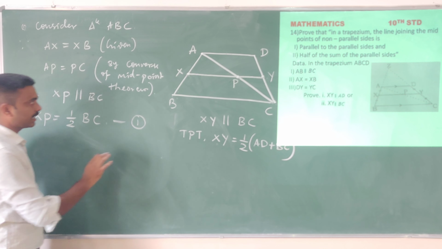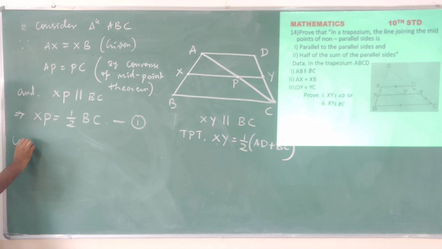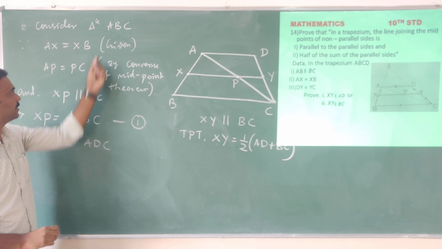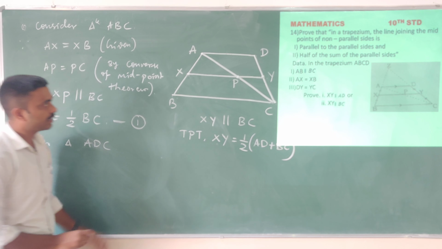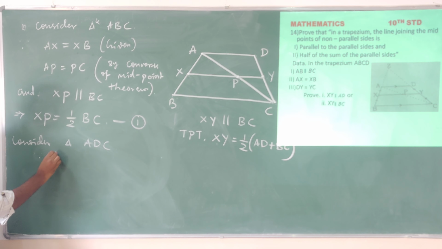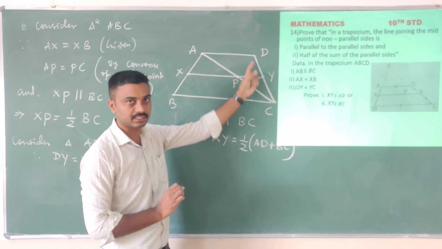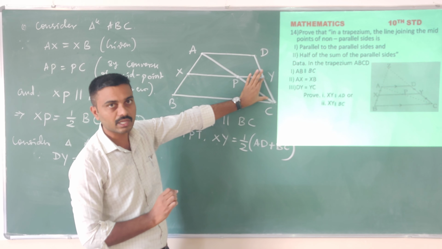Now similarly, consider triangle ADC. Again with the same conditions as in the first case, we can use the converse of the midpoint theorem. Clearly DY is equal to YC. Why? Because Y is the midpoint of DC, so this length and this length are equal.